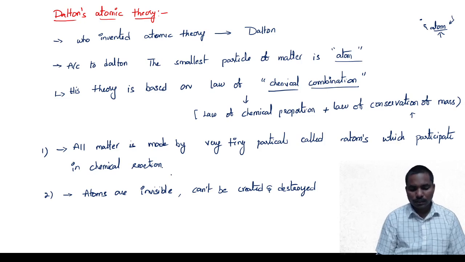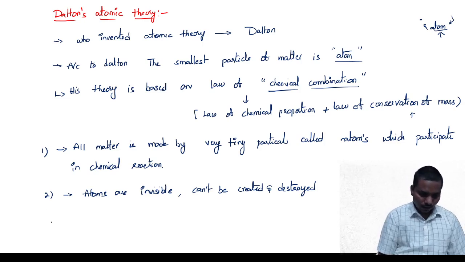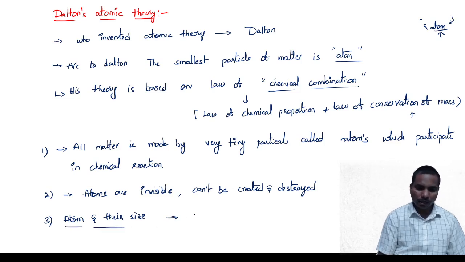Okay, before that, atom and its size. The third point, atom and its size. Atom and its size we denote by atomic radius. This atomic radius is measured in nanometers.